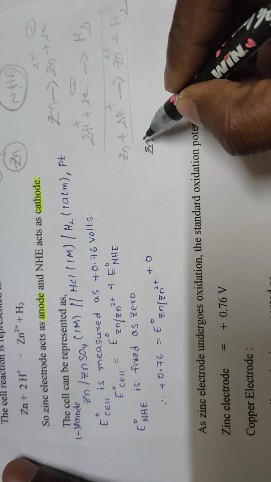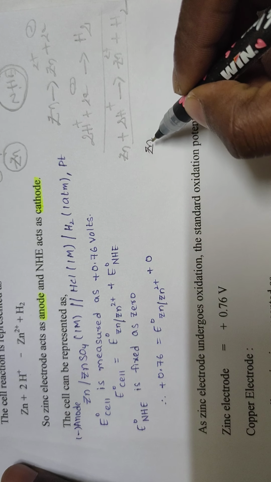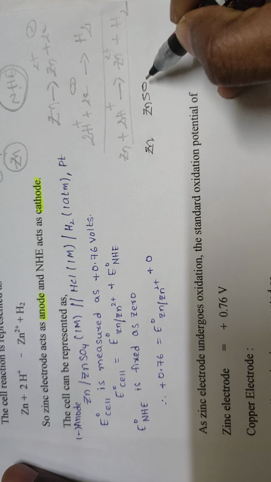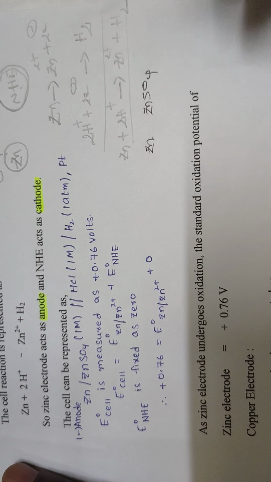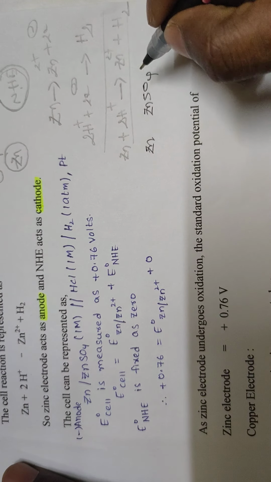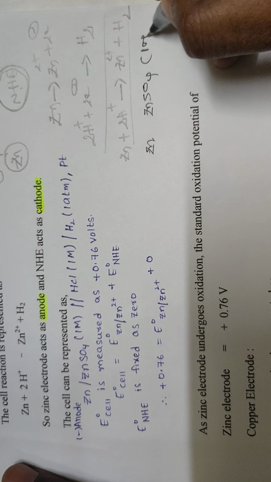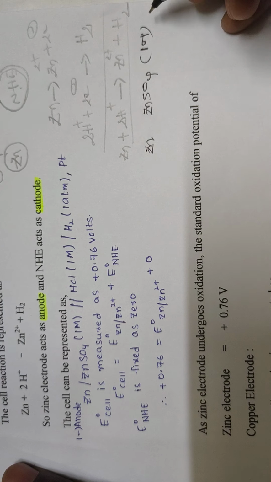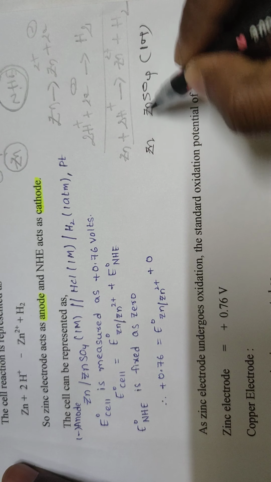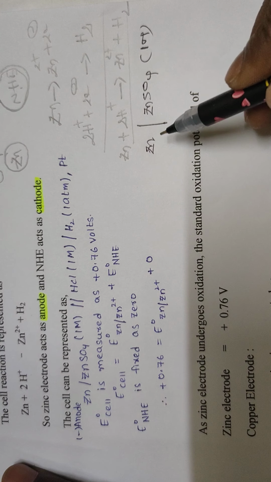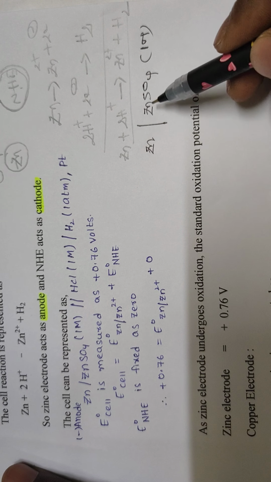Here zinc is the metal, so first zinc, then the electrolyte solution ZnSO4. If any other information is there, put it in brackets. For example, if you take 1 molar solution of ZnSO4, write it in brackets, and these two are separated with a slash. It is the half cell notation at anode.